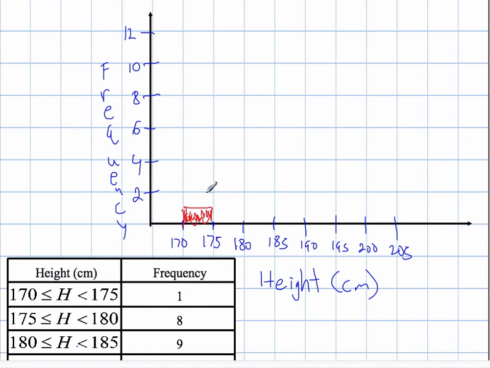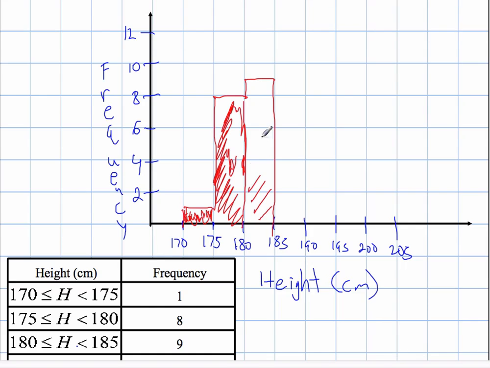We have 8 people in the next range, so I'm going to go up to 8 and make a horizontal line, then continue making the bar graph here. Next we have 180 to 185. We have 9 people, so you can make a horizontal line here.